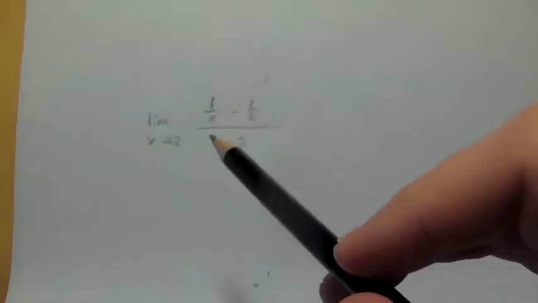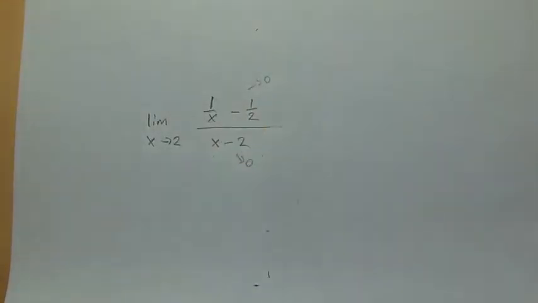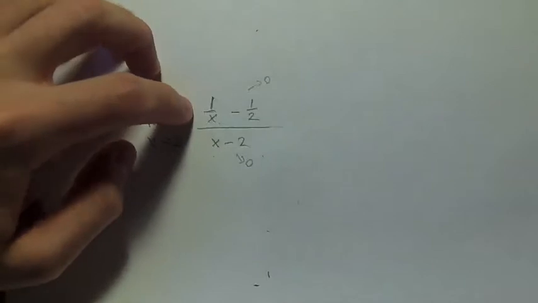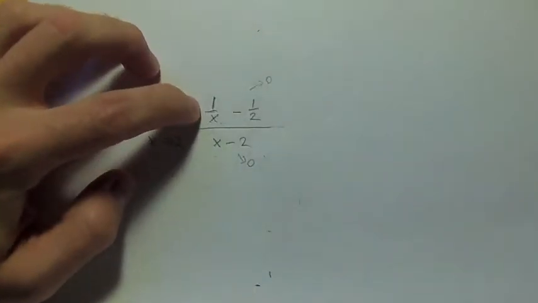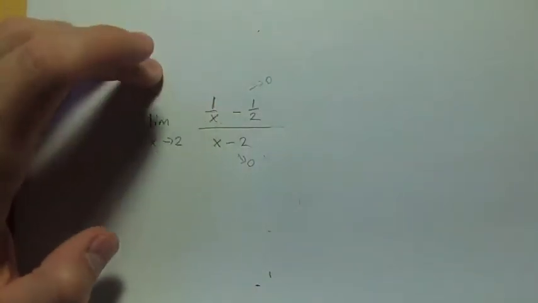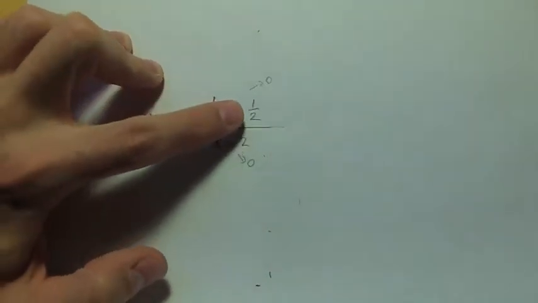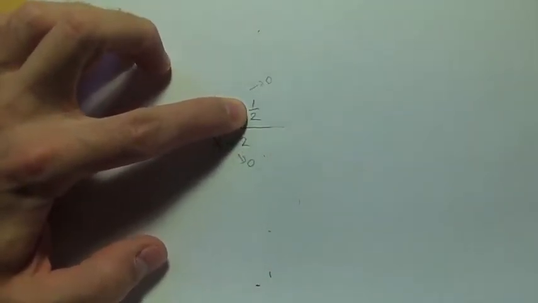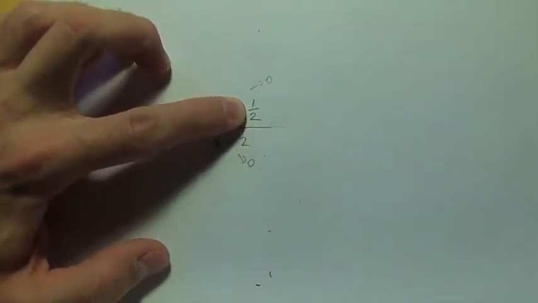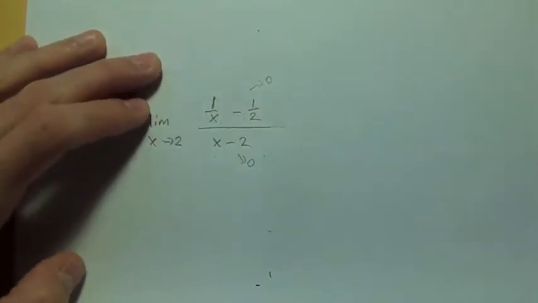So here I have an x and I have a 2. If I were to multiply this fraction by x, the fraction would go away, right? The denominator would cancel with the x. And if I were to multiply this one by 2, the 1/2 would go away, and you'd be left with 1.